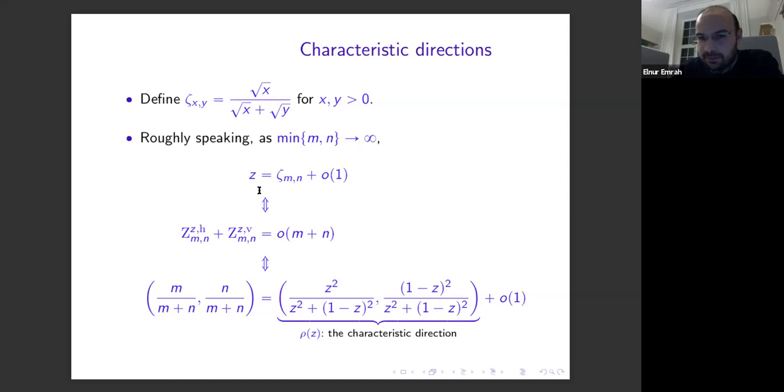This first condition can also be equivalently expressed in terms of the direction of the northeast corner Mn. It's just saying that that corner approximately has the direction of this characteristic direction defined by this vector here.